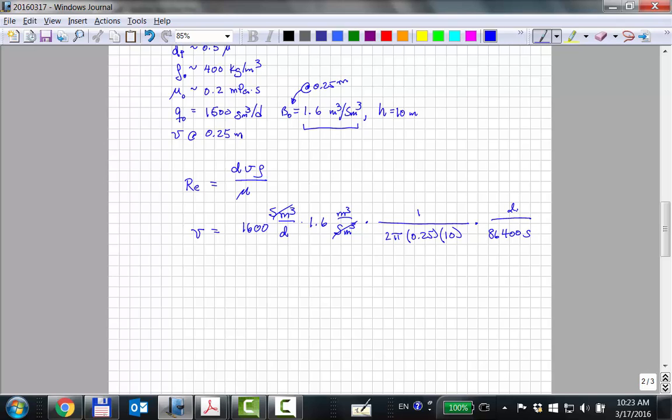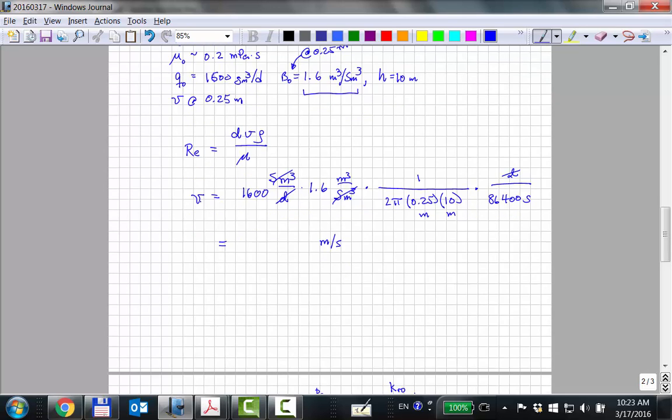So we get rid of the day, and we have meters here and meters there, so this should give us meters per second of oil.